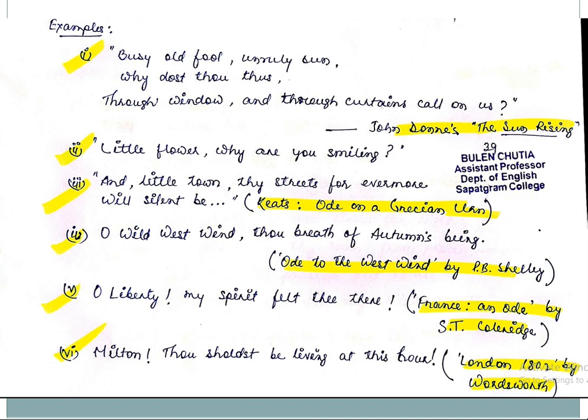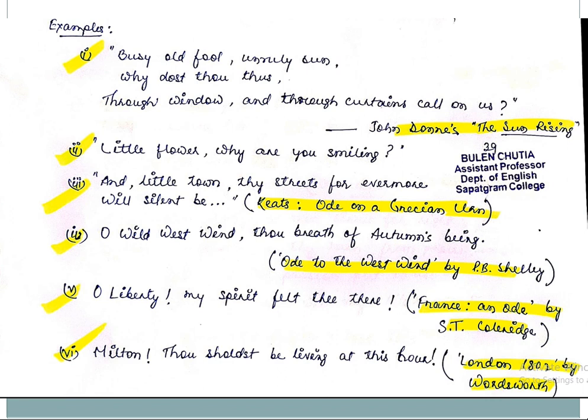Number two: "Little flower, why are you smiling?" Here also the flower is an inanimate object. The flower cannot speak, but the narrator is trying to say something to that little flower. Number three: "And, little town, thy streets forevermore will silent be."